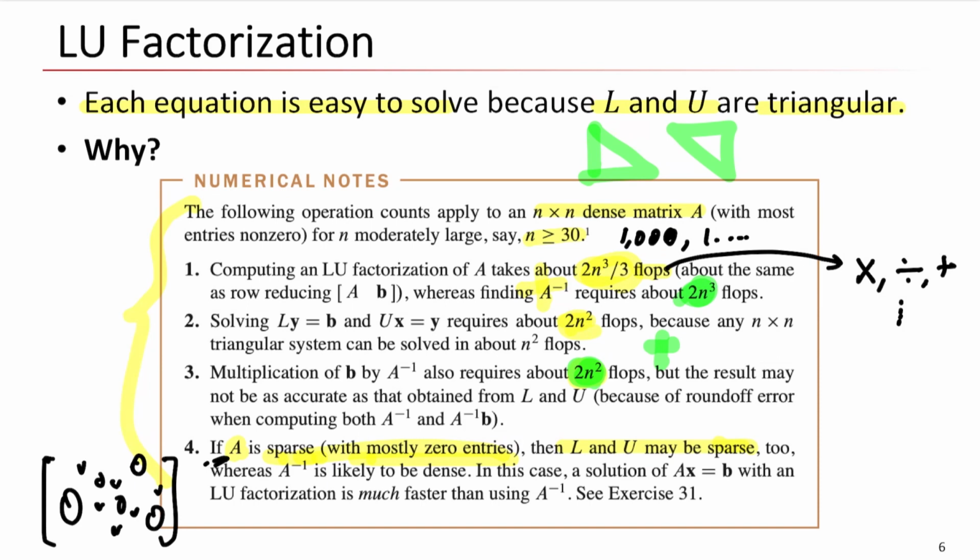But the inverse of matrix A is likely to be dense. Even though matrix A is sparse, the inverse of the matrix will be dense. So in this case, the solution of Ax equals b could be found much faster with the LU decomposition than using the inverse of A. So this is why each equation is easier to solve using the LU decomposition.